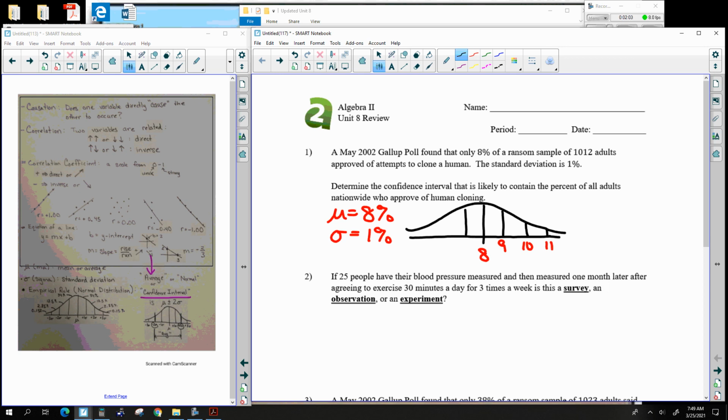And then standard deviations going down, again 1, so that would be 7, 6, 5. So our confidence interval, if I go 2 standard deviations up and down from the average, puts us at 6 and 10. Our confidence interval would be anywhere between 6% and 10%.